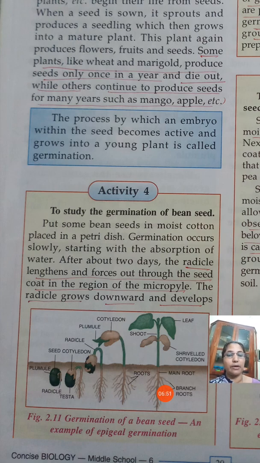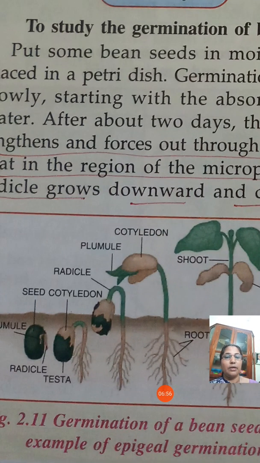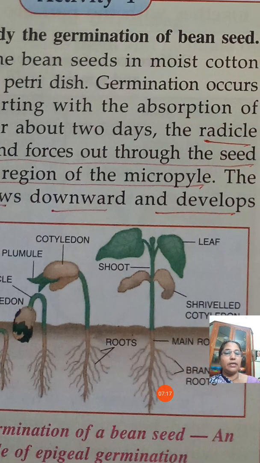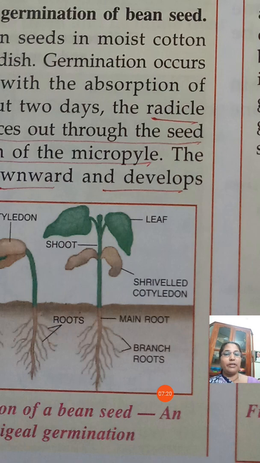In the germination of the pea seed, after the seed coat breaks, the cotyledons, the green colored part, act as the first leaves. When the plant grows enough, the cotyledon becomes shriveled.